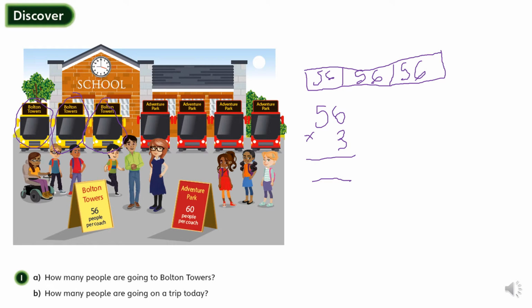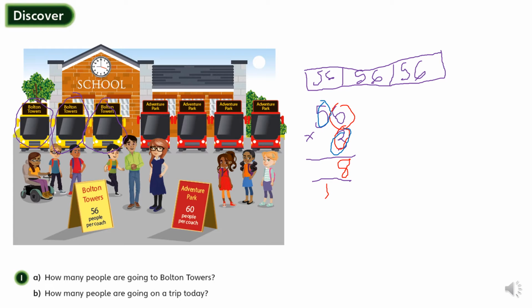Do my equal sign. So first things first then, I always begin again with my ones. So I have 3 multiplied by 6, or 6 times 3, depending on which one I feel stronger in. Well, if I do my 6s, 6, 12, 18. 3 times 6 is 18. So I have my 8 in my ones column and my 10 underneath in my tens column. I then move on to my tens, so my 3 multiplied by my 50.